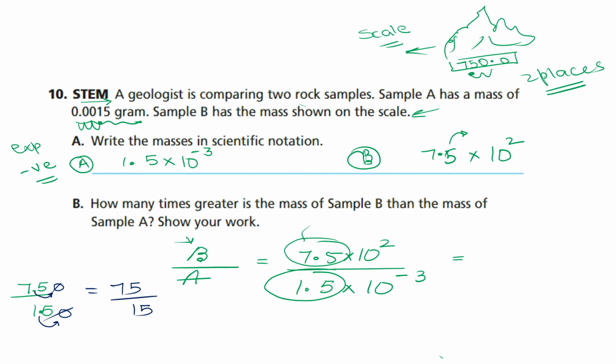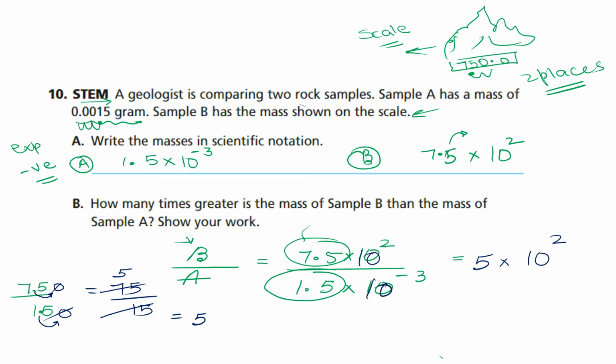Now read the times table of 15, and we know that 15 times 5 gives us 75. So this is 5. So I will write here 5. Now 10 power 2 on the top, and if the bases are alike, we write the base one time.